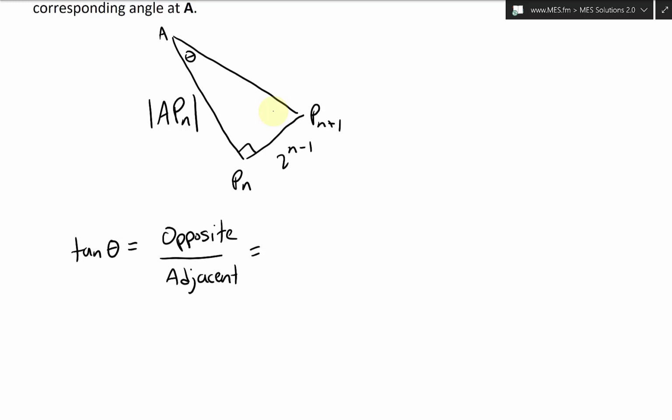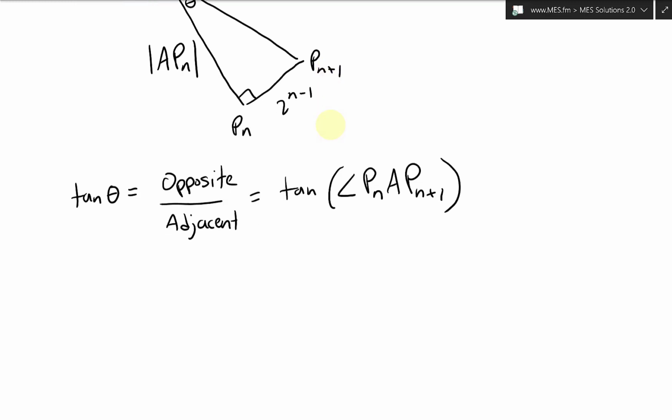So this theta is equal to tan of the angle. You can also write it as Pn plus 1, which just means from Pn A to Pn plus 1. So that's the angle. And now put this all together.